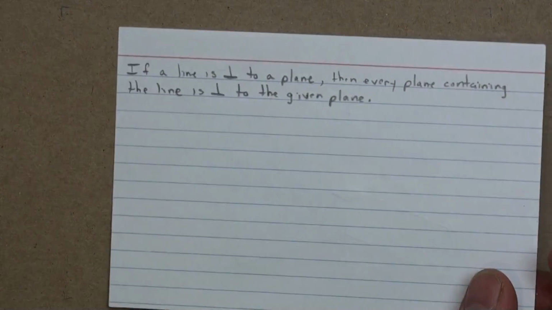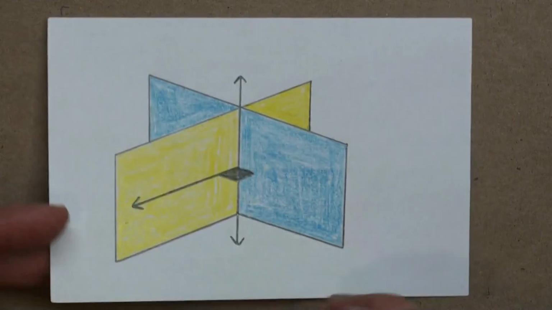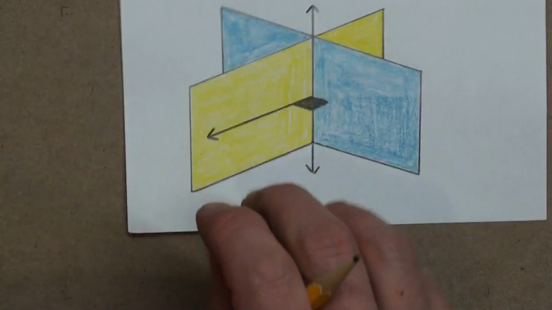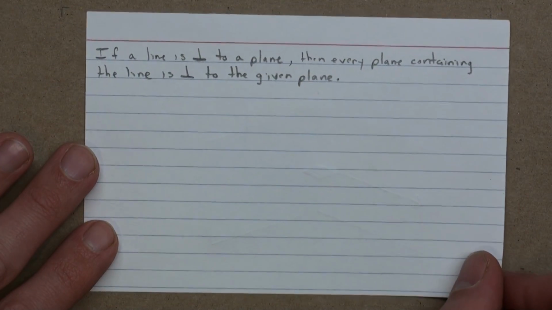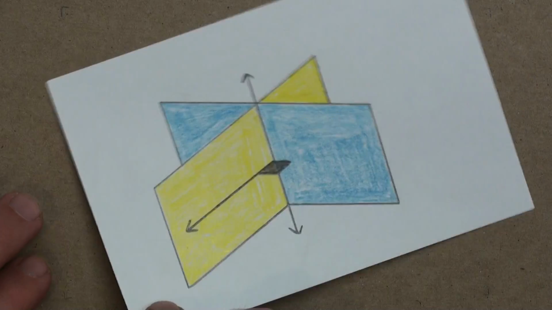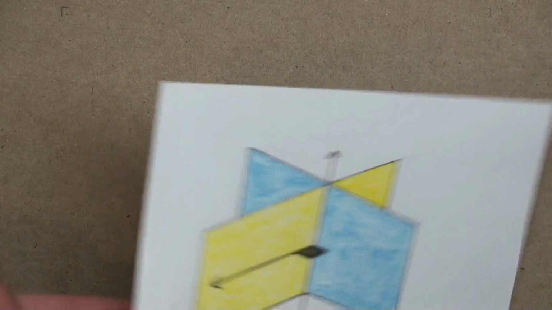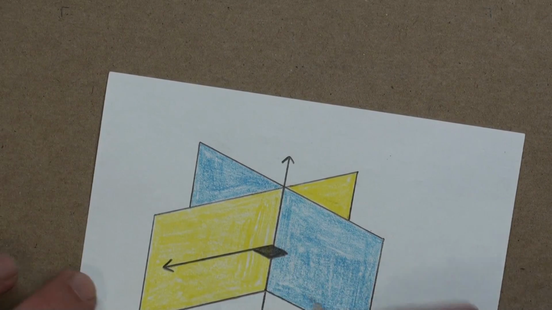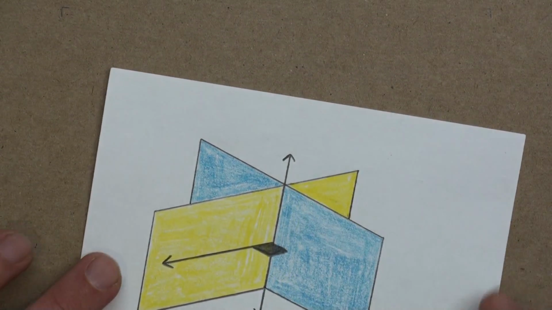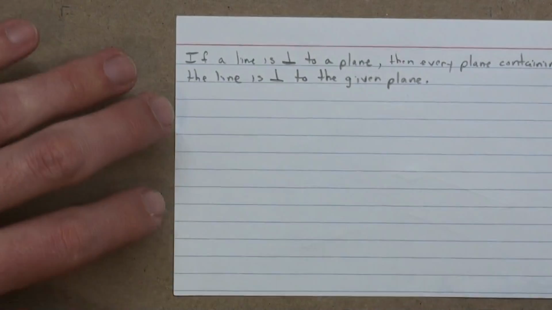Because it says if a line is perpendicular to a plane, see that line is perpendicular to that blue plane, then every plane containing the line, you see how the yellow plane contains the line, is perpendicular to the given plane. So then these two planes are perpendicular also. Okay? Not a big deal. And that was card, well, let's put it in the bottom corner, that was card 7.